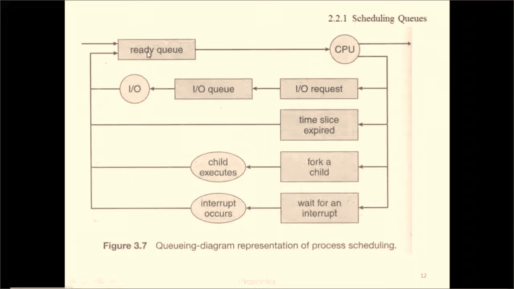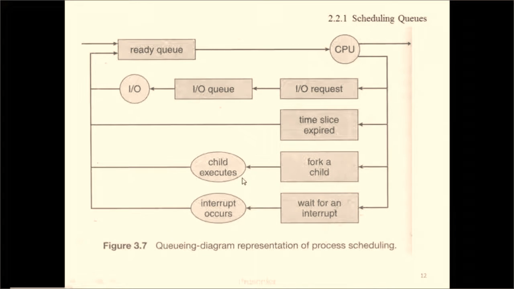Okay. Now the fourth transition is a bit interesting. A process can create another process in a system. That is called forking a child, or a process forks a child. Now because of certain conditions, the parent process which has created a child process has to wait until its child completes its execution.